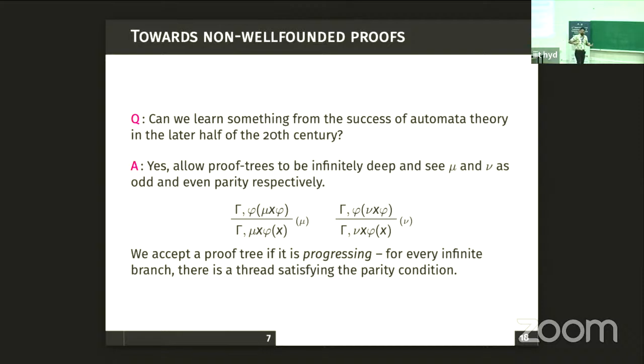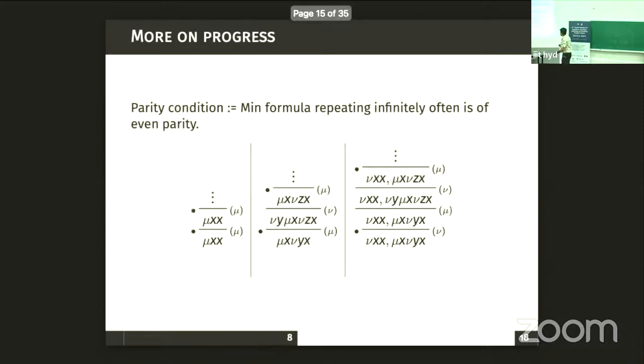Now we are in the world of Rabin, and we are in the world of Street, and so on. We have the same rules for mus and nus, it's just unfolding. But we accept a proof tree if it is progressing. The proof trees are infinite now, but finitely branching, and for every infinite branch, there's a thread satisfying the parity condition. So we would like to hit these very strong results of Rabin.